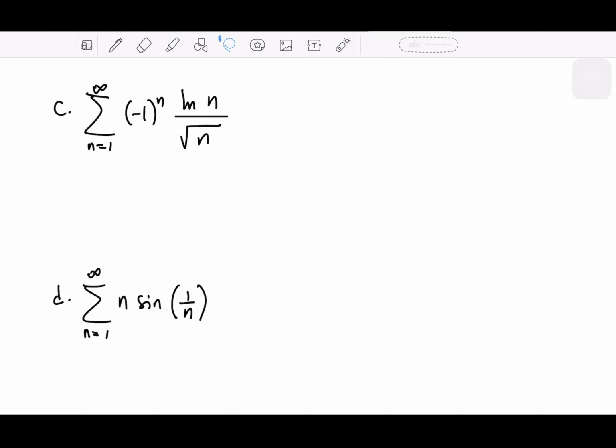The first one is -1 to the power n, ln n divided by square root of n, and the second one is n sine 1 over n. If you want to try the second one first, I think because it's easier to check.